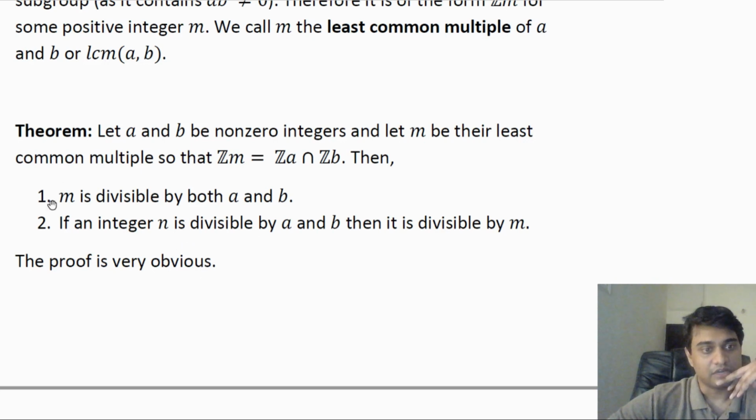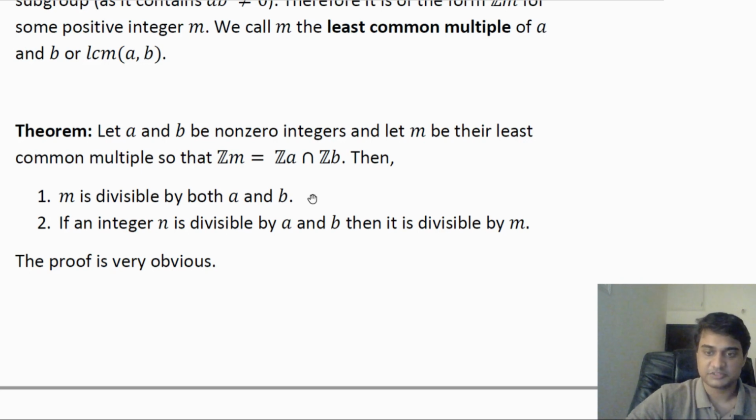Now, if an integer n is divisible by A and by B, it simply means n is an element of ZA intersection ZB. n is divisible by A means n equals A times some integer, so n is an element of ZA. And n is divisible by B means n equals B times some integer, so n is in ZB.